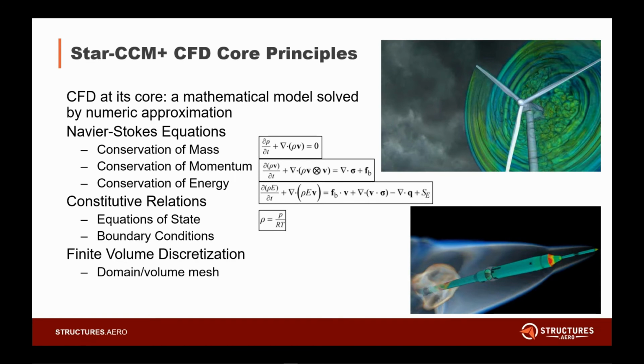You kind of have to think about it backwards if you're used to one or the other. With a finite element solver, you mesh the structure, the solid. But with STAR and you're doing CFD, you mesh the volume of fluid around that solid, and that's definitely a key concept to wrap your head around if you're getting into CFD.